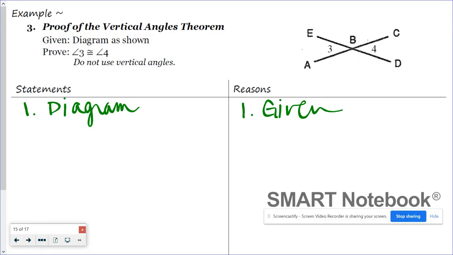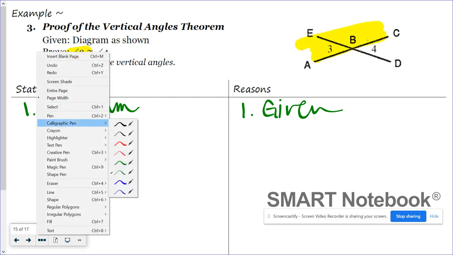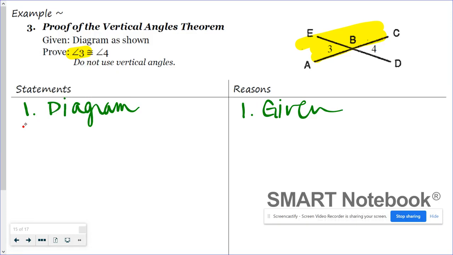That's right, we could use linear pairs. So I can bring angle 3 into this proof by saying that it forms a linear pair with angle EBC. Okay, so I can say that angle 3 and angle EBC form a linear pair.